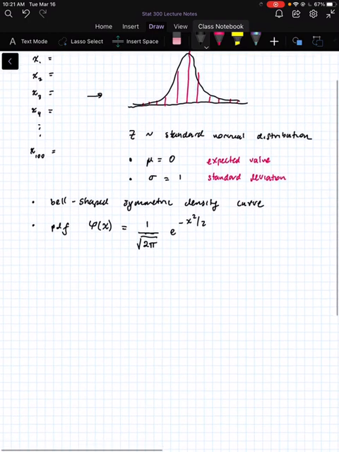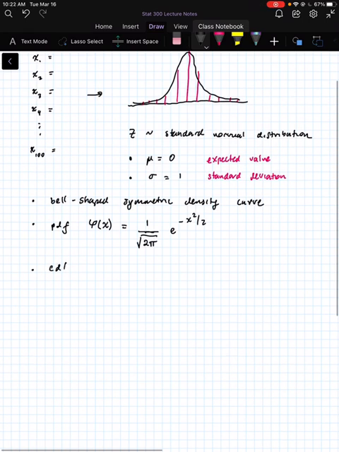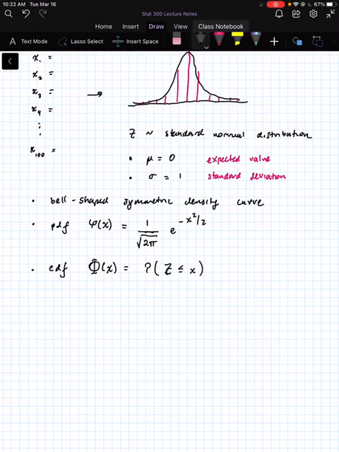Now, we're not actually going to deal with this PDF. We're also not going to deal with its CDF directly. Its CDF is denoted using a capital phi, and that's the probability that z takes on a value less than or equal to this x that we talked about.